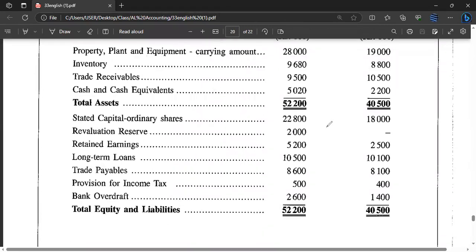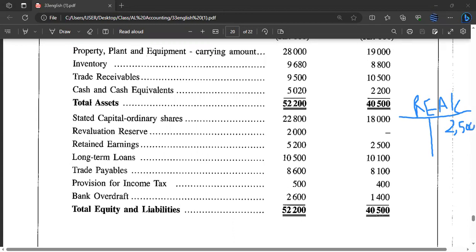So simply what you need to do. Retained earnings account. You have opening balance of 2,500. Then you have a closing balance of 5,200. And we know the net profit after tax is 4,500.